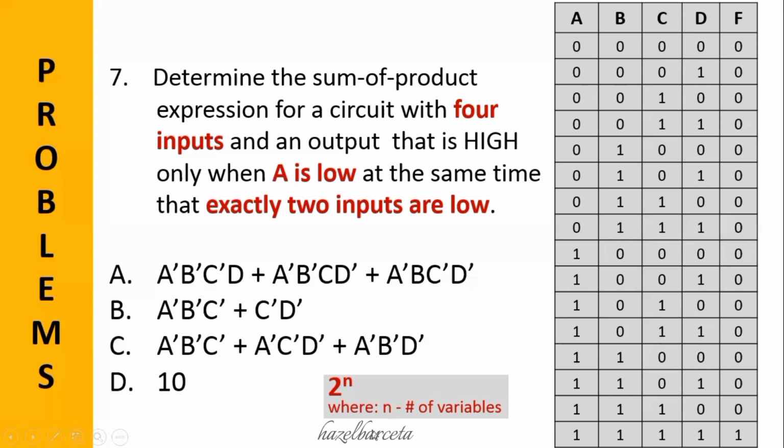Ang n natin is equal to 4 dahil we have 4 variables. So, 2 raised to 4 is equal to 16. That is why 16 po ang ating row.